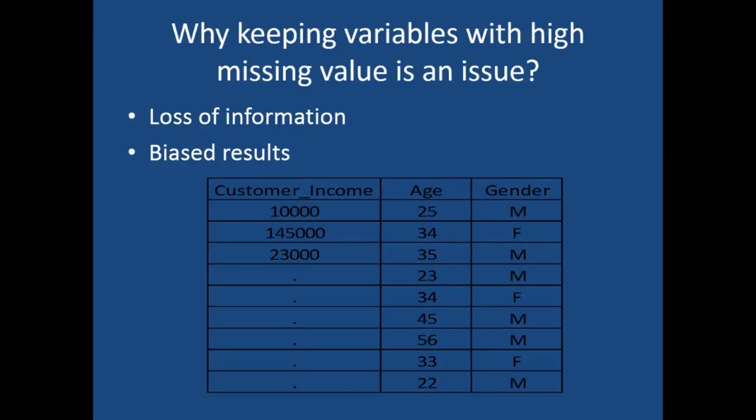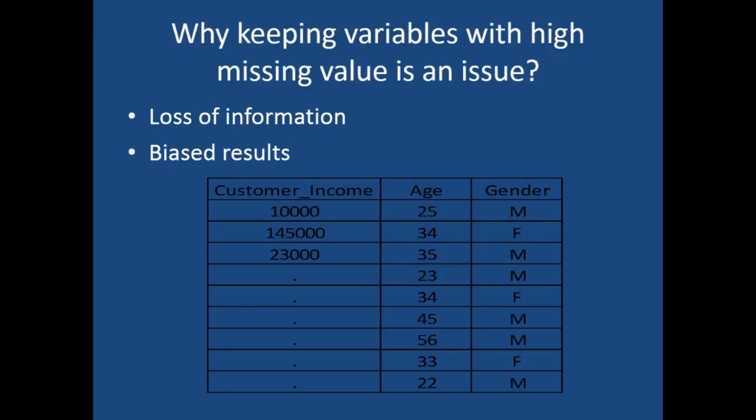If I use this data in modeling, the 6 observations where customer income is missing will be removed from the entire data set, and the statistical software will give you results only on data where customer income is not missing, right?